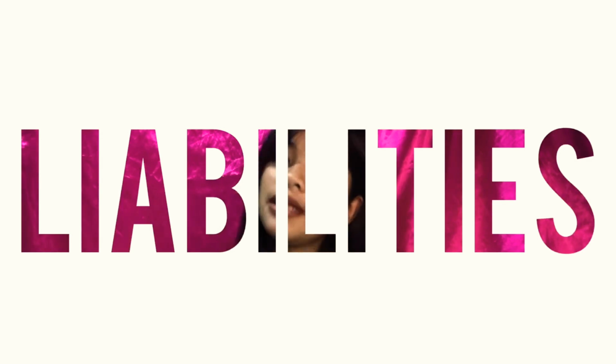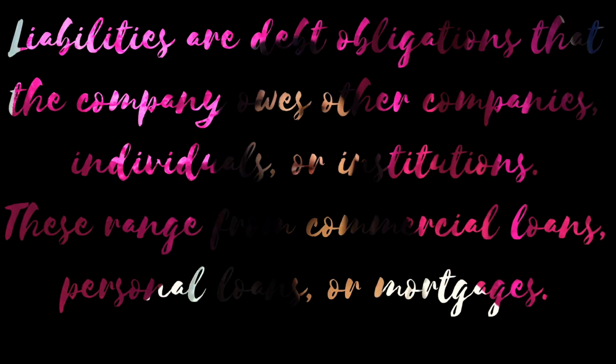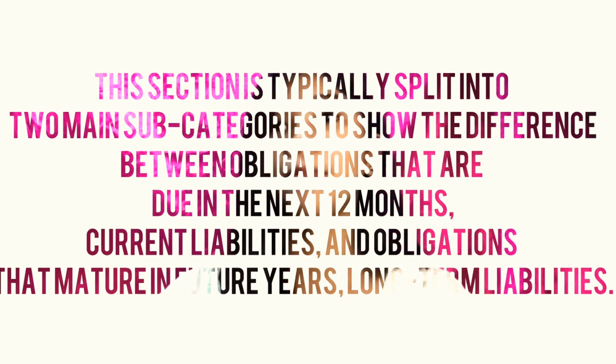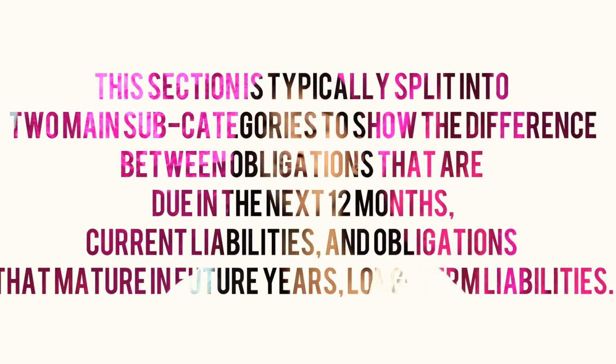So in the liabilities section, liabilities are debt obligations that the company owes other companies, individuals, and institutions. These range from commercial loans and personal loans to mortgages. This section is typically split into two main subcategories to show the difference between obligations that are due in the next 12 months, current liabilities, and obligations that mature in future years, long-term liabilities.